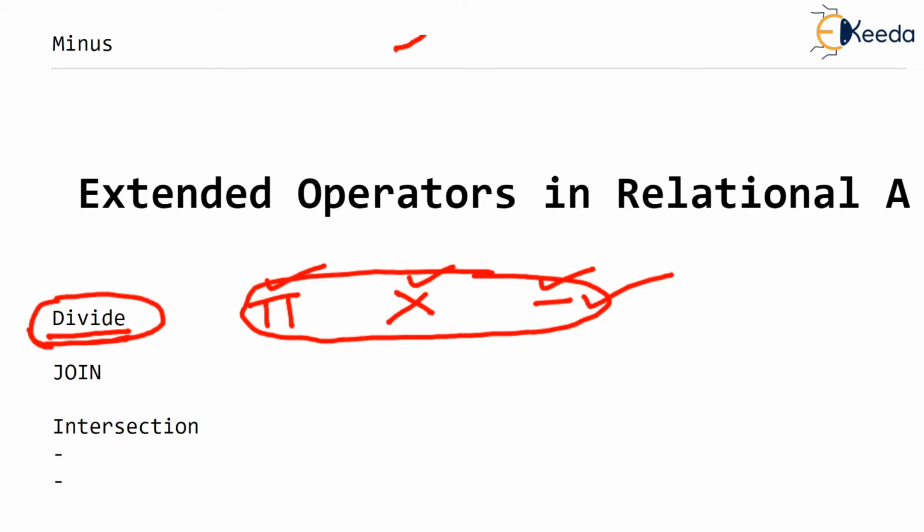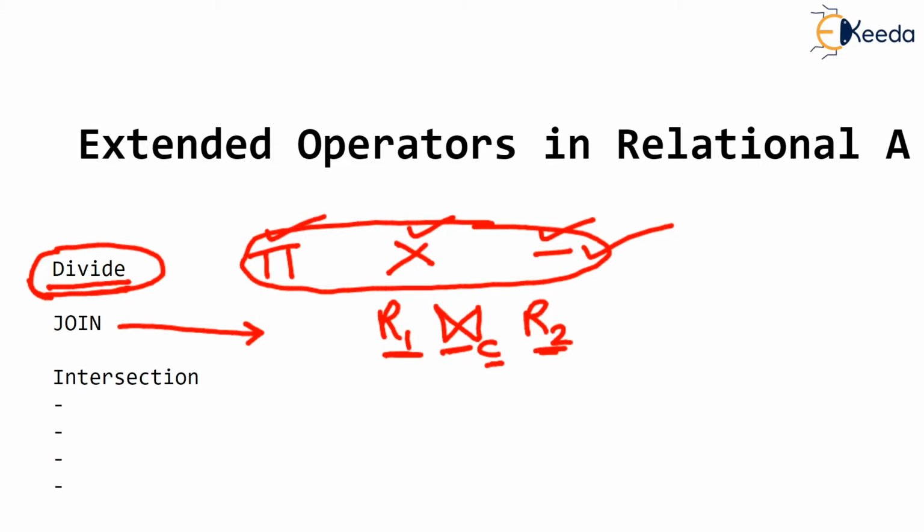Next comes join. Now if you say R1 join R2 with some condition, again I expect that the students have seen this video of join. Many videos have been made about the join operator and we have solved some 3 or 4 GATE questions also. Now this join, which is written with a condition between the two relations R1 and R2, is actually a two-step process.